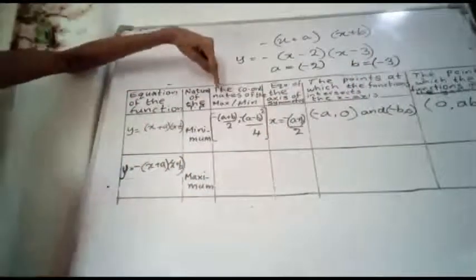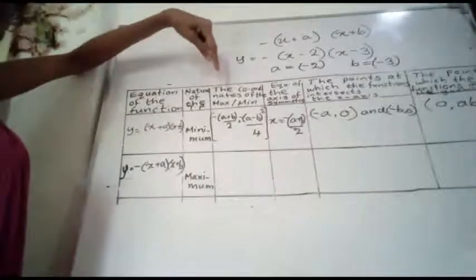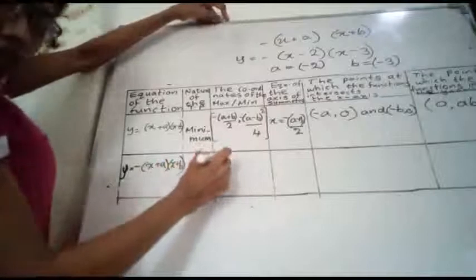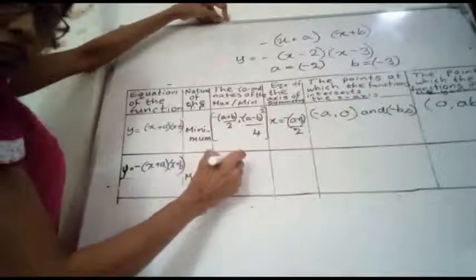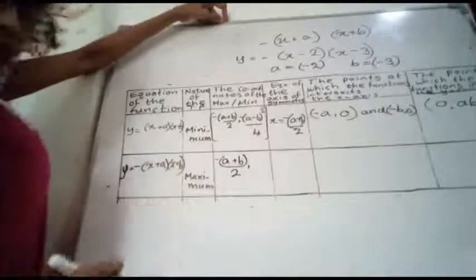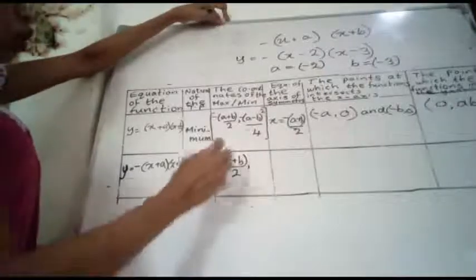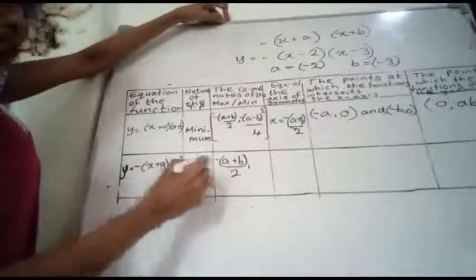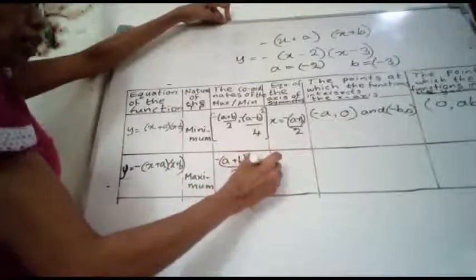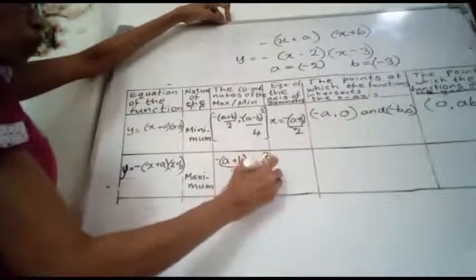Now the coordinates of the maximum point. The x coordinate is negative (a plus b) over 2, and the y coordinate is (a subtract b) squared over 4.